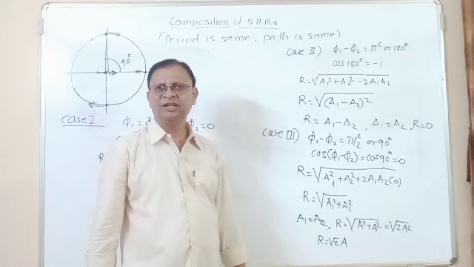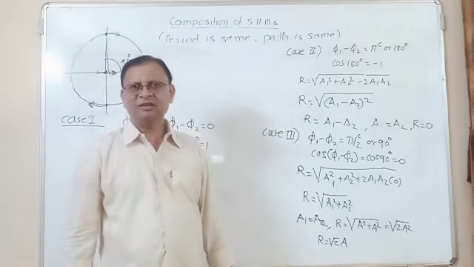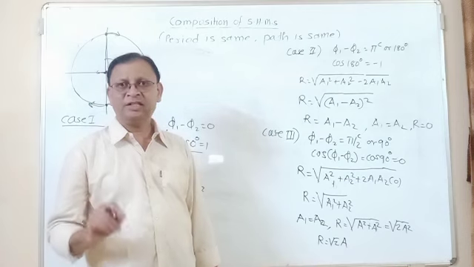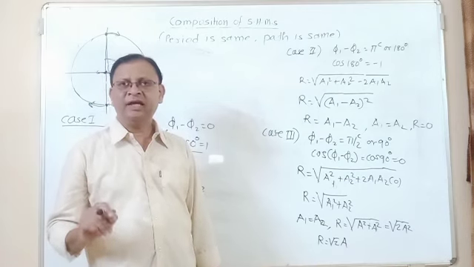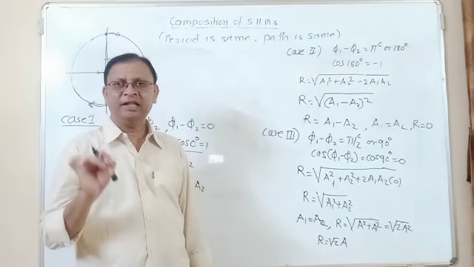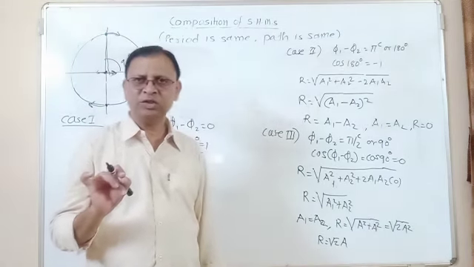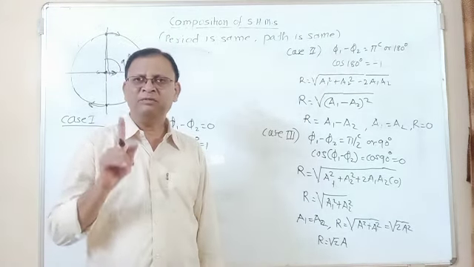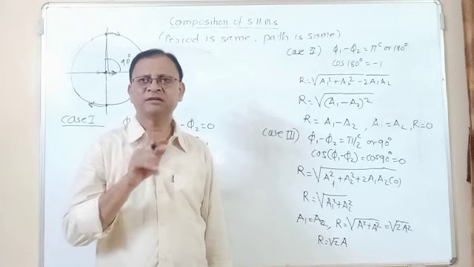I think you will understand, all the part is mathematical. First, you should understand what is meant by a composition of a simple harmonic motion. We have taken here the example of two simple harmonic motions along the same path, having the same period but different amplitudes and different initial phases.